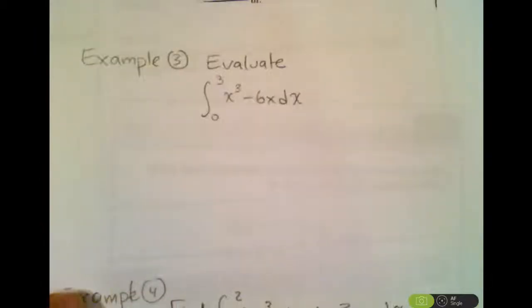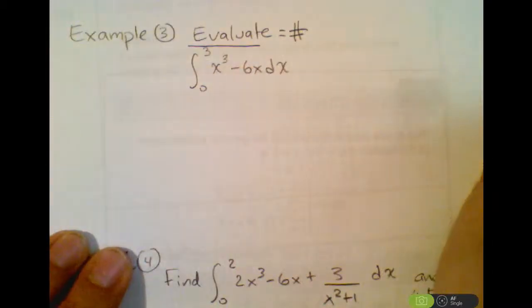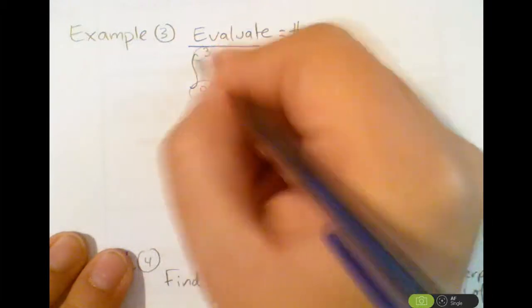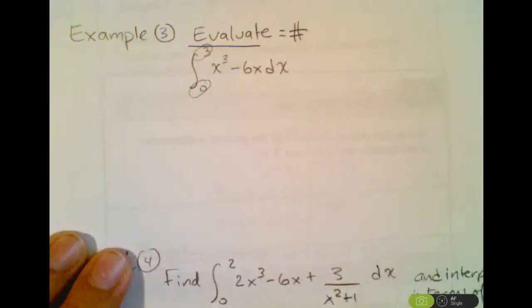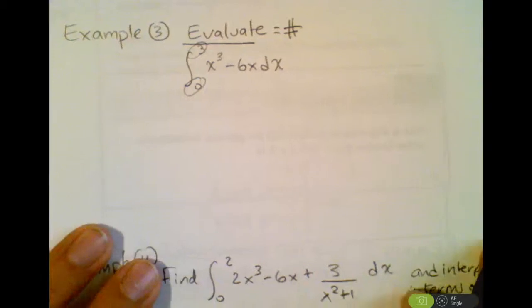Now in example 3, it says evaluate. So the word is implying that the answer is going to be a number. Not only that, but also you see there are limits of integration, so that is another hint that you're going to have to evaluate and get an answer. This is not indefinite, this is a definite integral.